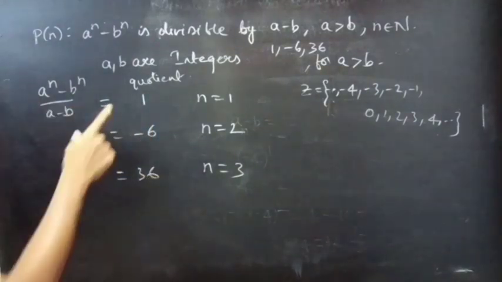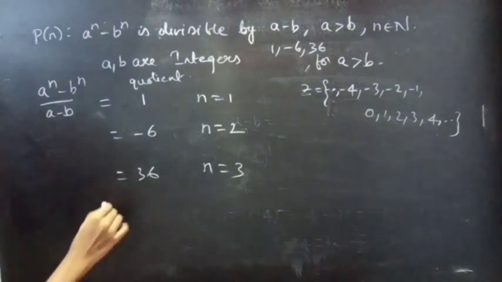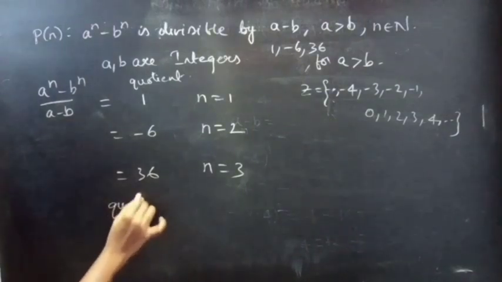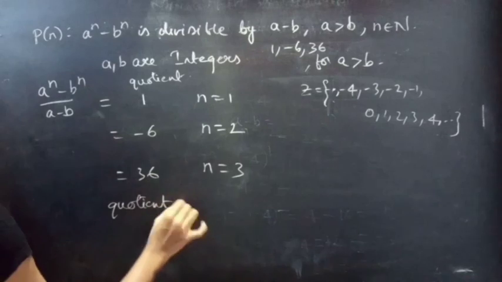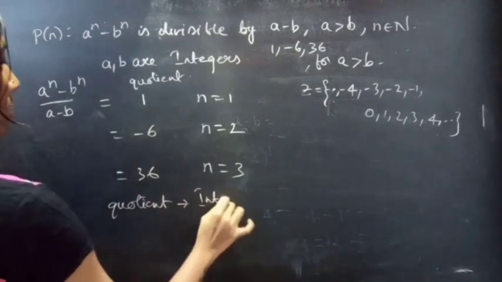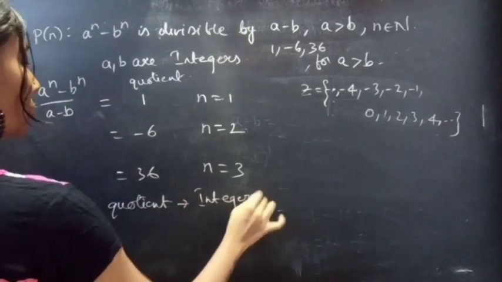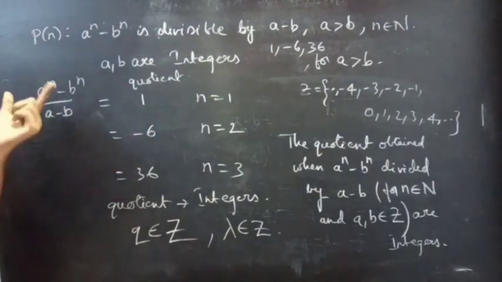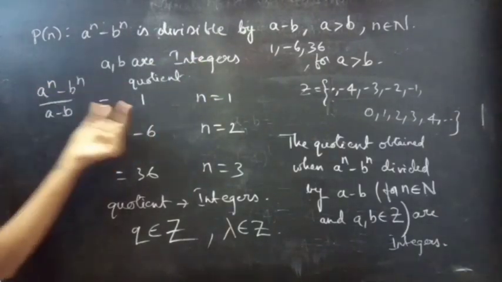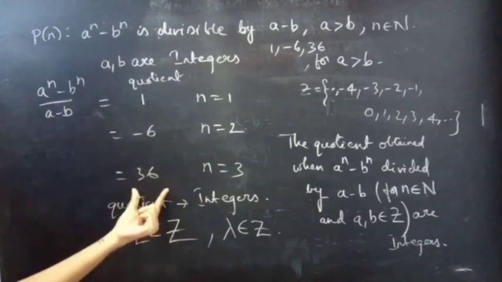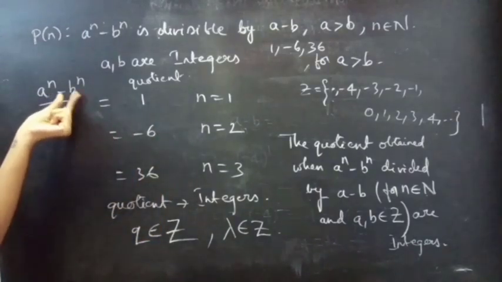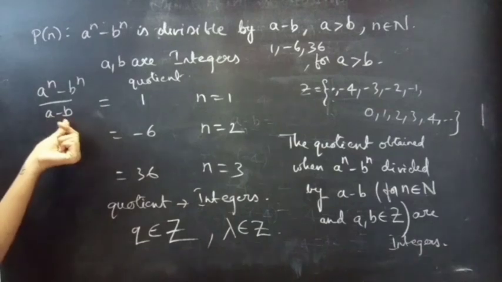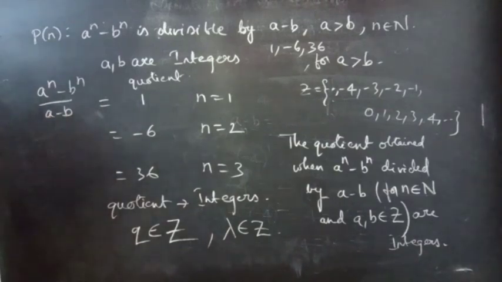We can say that the quotients are integers, right? When a, b are integers, we'll get the quotients when a power n minus b power n is divided by a minus b.